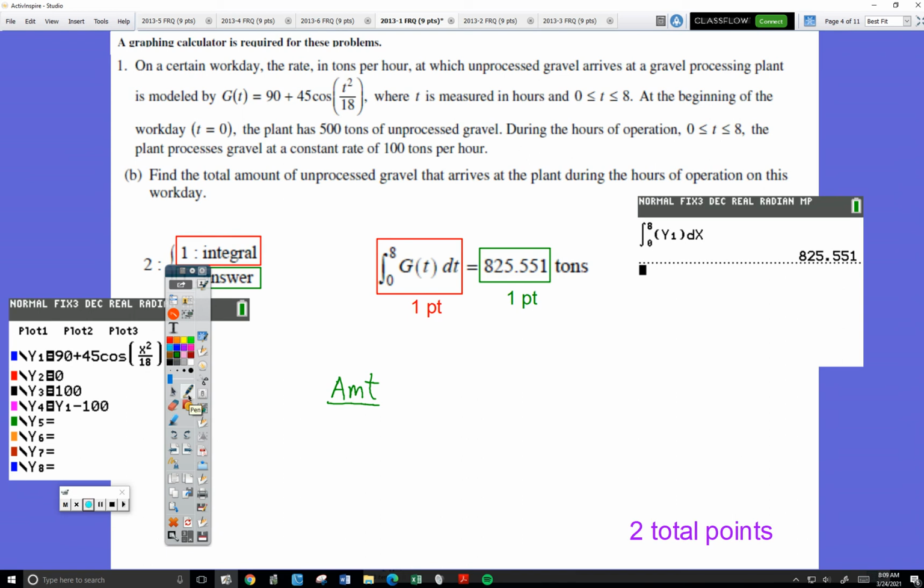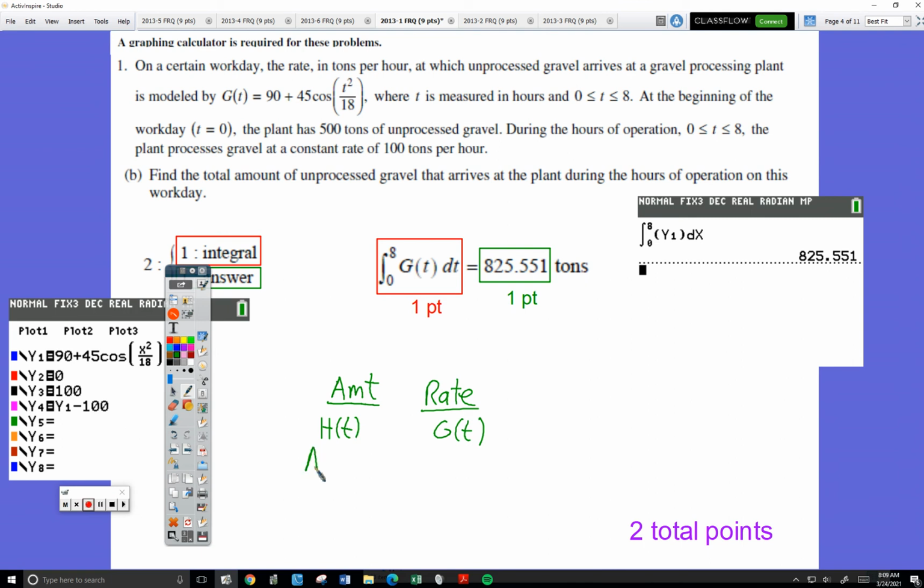We could say G represents the rate at which gravel is arriving. So for the amount, we'd have to use a different symbol. We'll call it H, I guess. H would be an amount, it would represent how much gravel has arrived.